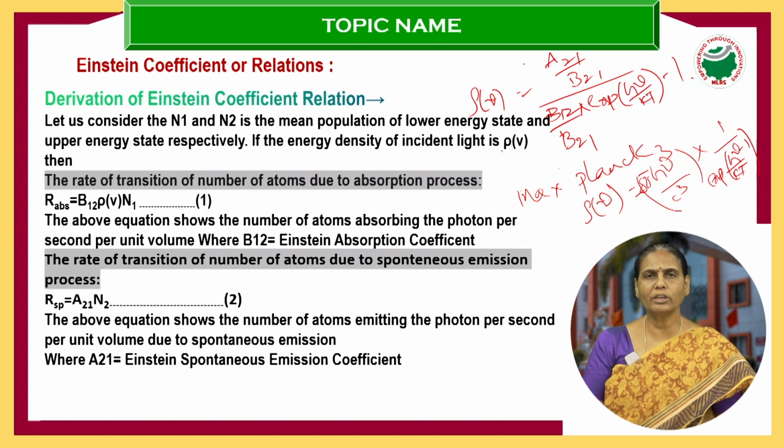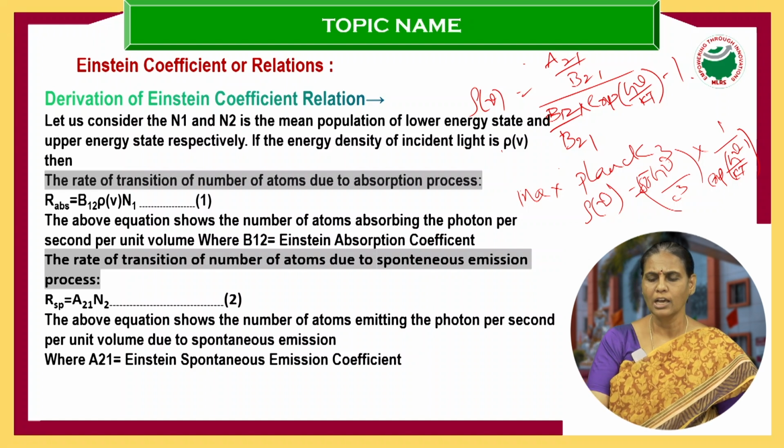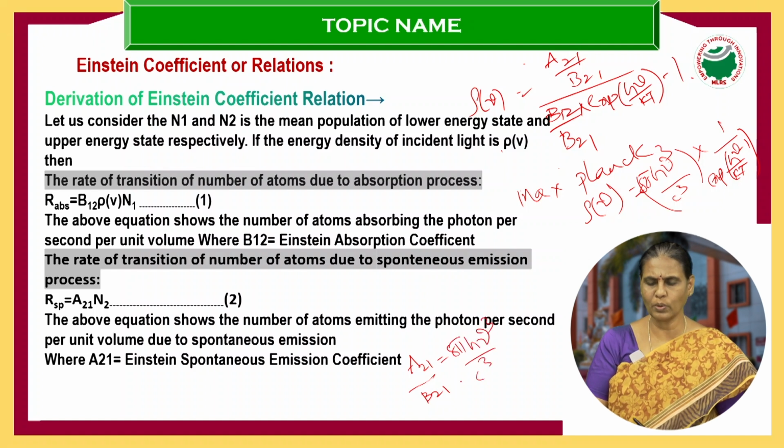Now equate these two equations. Once you equate these two equations, you will be getting an expression. Now I'll write this equation as A21 by B21 is equal to 8 pi h nu cube by c cube. This is one equation.